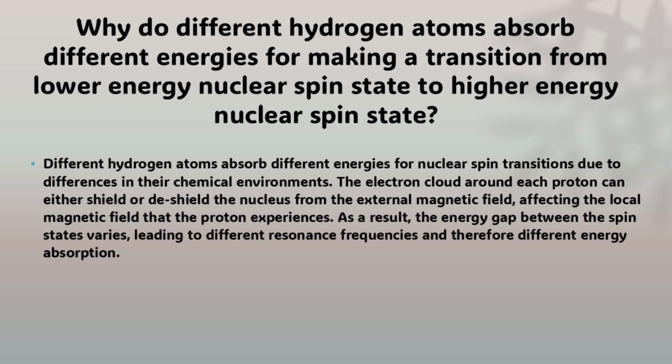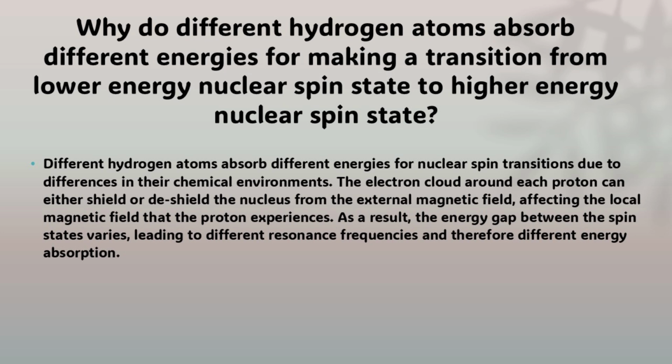The next question is question number 26. Why do different hydrogen atoms absorb different energies for making a transition from a lower energy nuclear spin state to a higher energy nuclear spin state? The answer to this question is, different hydrogen atoms absorb different energies for nuclear spin transitions due to differences in their chemical environments.